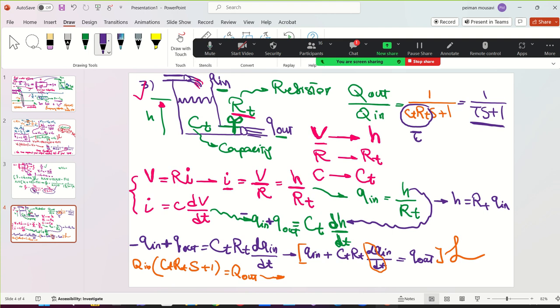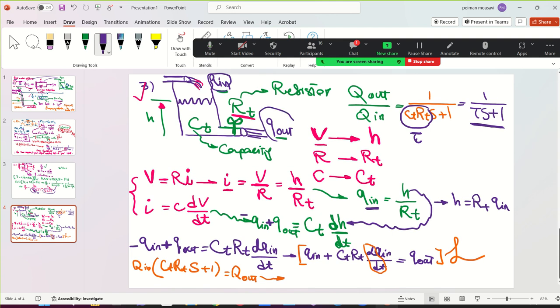Don't forget, why did I put Q in here? Because RT is affected only by Q in, not by Q out. But when you talk about the change of height, it is because of Q in and Q out, the net flow rate, Q out minus Q in. You got it?